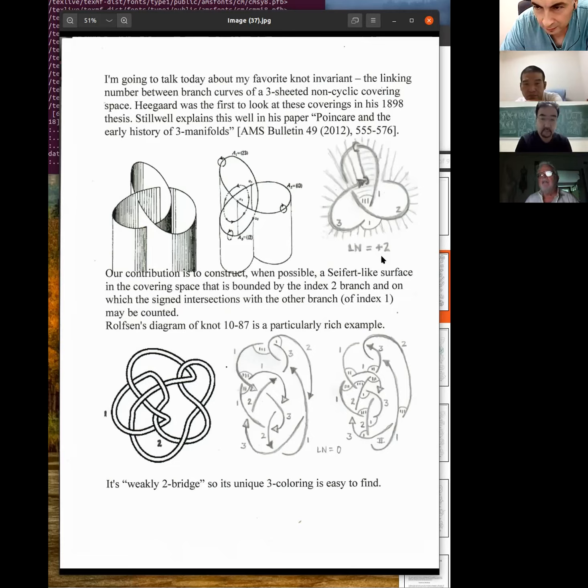And to make a three colored covering space, you take three copies of that cellular decomposition of a three sphere, and you sew them together along that cylinder below the diagram in accordance with the colors assigned to each overpassing segment.